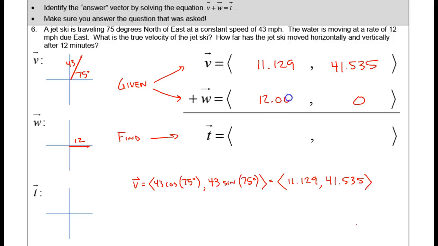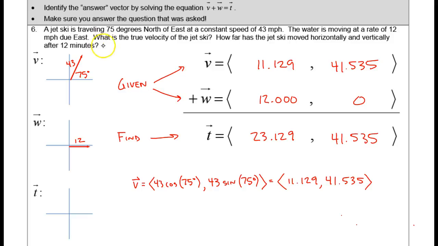From here, I can go ahead and add these two vectors, v and w, to get the true vector t. The horizontal component will be 23.129, and the vertical component will be 41.535.